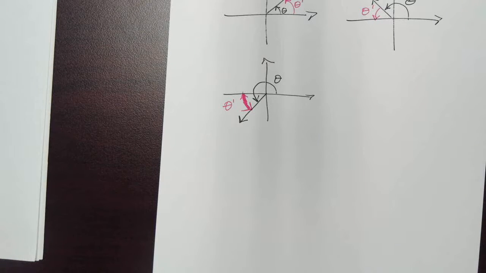If I'm negative, my reference angle will also be negative, going in the opposite direction. So the reference angle is always drawn in the direction that theta was drawn. Does that make sense?